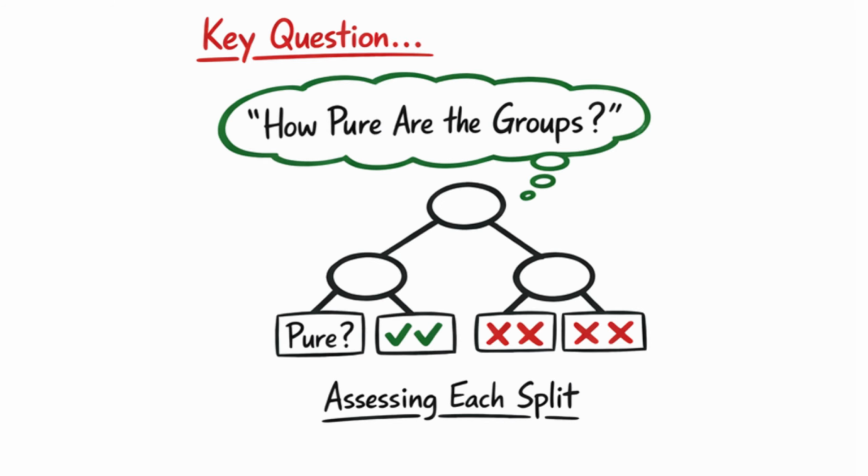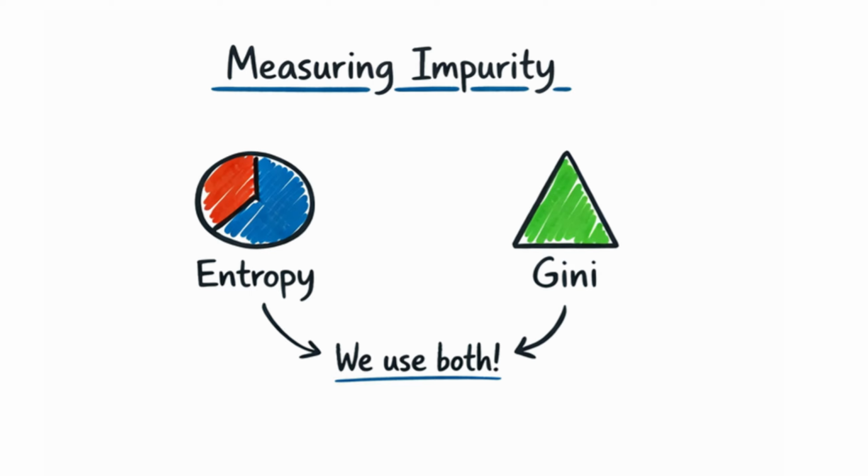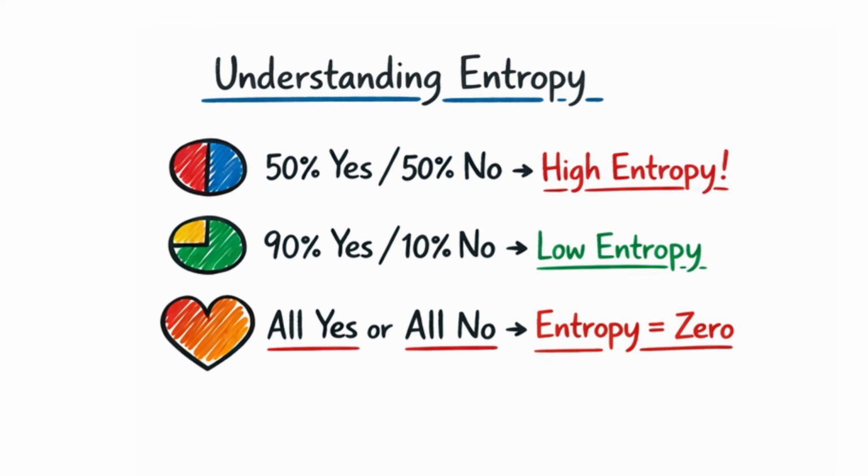Now we need a way to measure this impurity. For that, we use mainly two concepts: entropy and Gini. So first, let's try to understand entropy. Entropy basically tells us how mixed the data is. Suppose in our group we have 50% yes and 50% no. It is highly mixed. So we can say the entropy will be very high for this group.